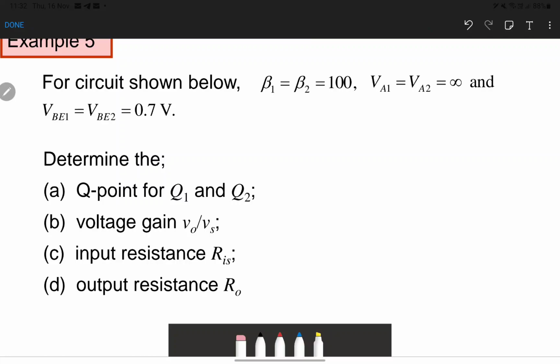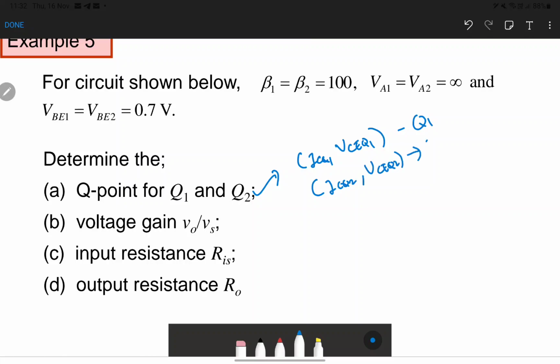The question asks us to find the Q point of Q1 and Q2, which means you need to find IC and VCE for Q1, and IC and VEC for Q2. And then it asks to find the voltage gain, input resistance and output resistance.